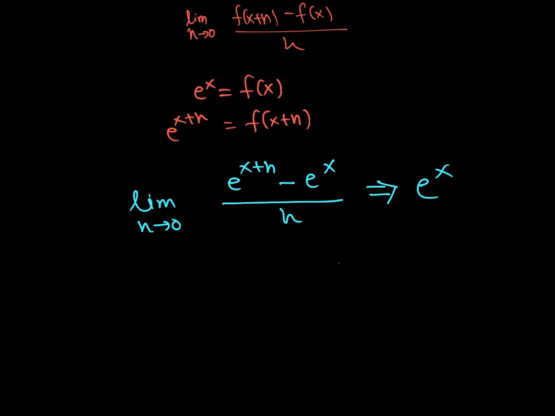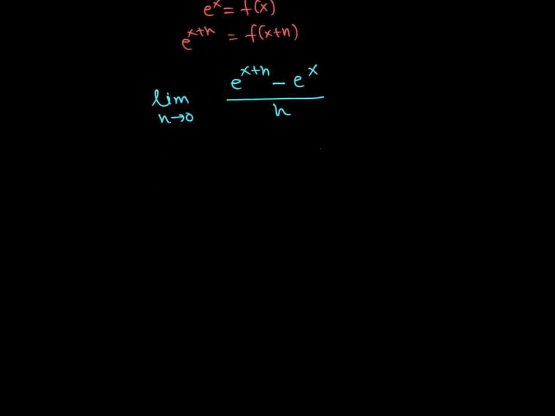Now if you don't believe me, I can just show you how you can expand this. Let's break this down from the first. Let's say e to the power x times e to the power h. We have just broken down the indices using the indices rule. There's a rule that a to the power n multiplied by a to the power m gives a to the power n plus m.